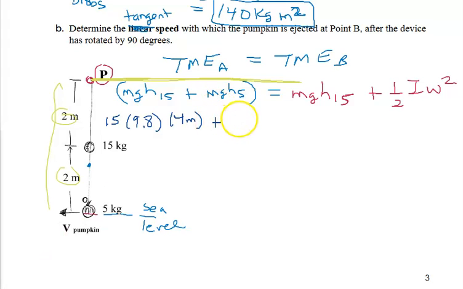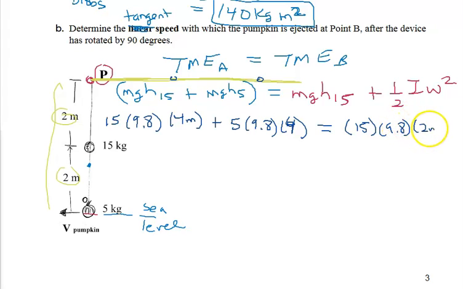Okay, and then you have the pumpkin, which is 5 times 9.8, and also 4 meters above sea level, because they're both at the same height. At point B, which is what we have here, you have the 15 kilograms at 2 meters above sea level, and you have the 1/2 I times omega squared.